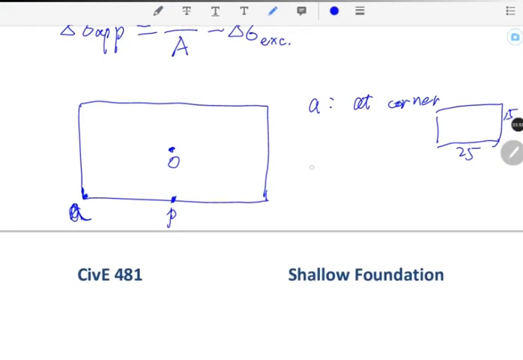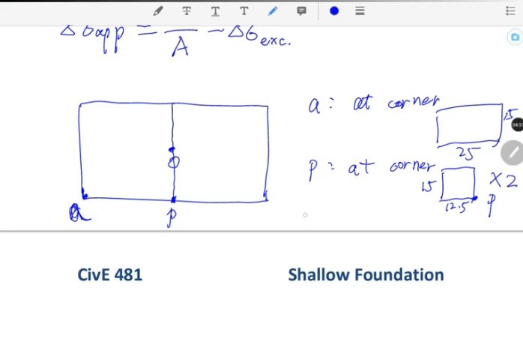And for point P, we can divide this footing into two identical squares or rectangles. Let's say the point P is at the corner of this rectangle, whose dimension is 15 by 12.5. And then we multiply the calculated delta sigma by 2.